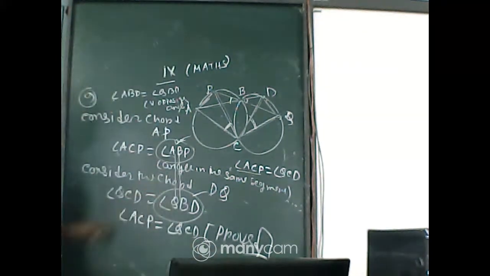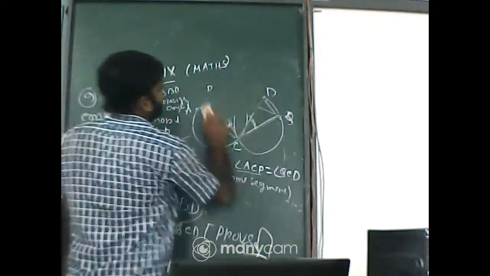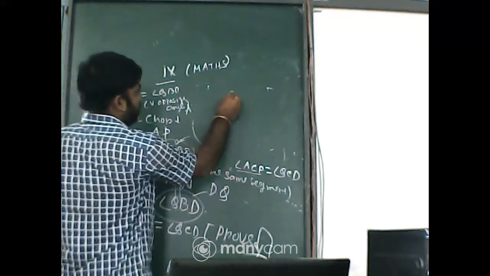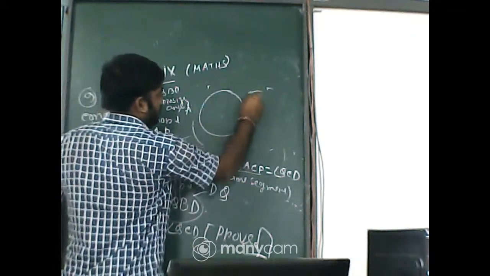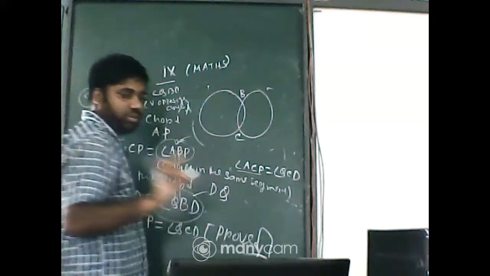Okay. Look at the board. First of all, I am just rubbing this one and drawing this again. Two circles. They intersect at points B and C. Okay.